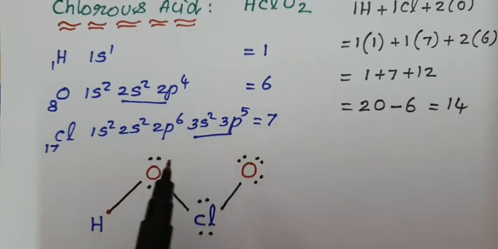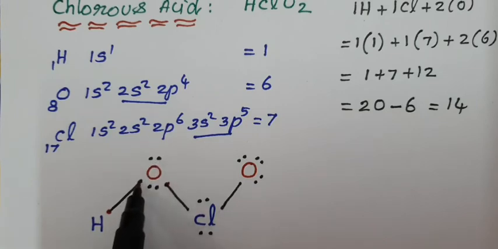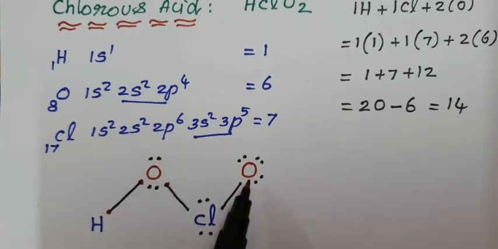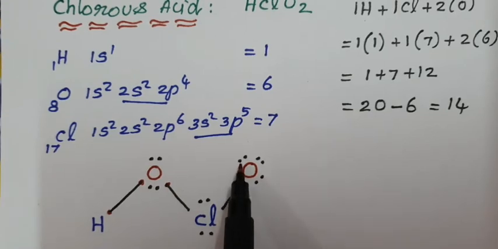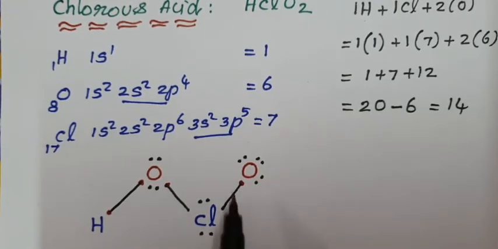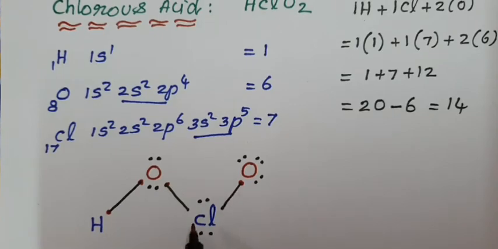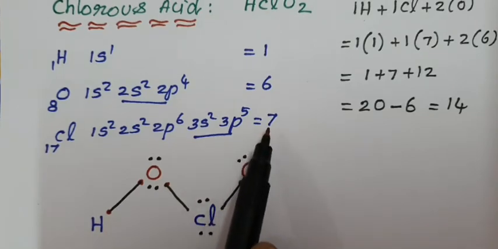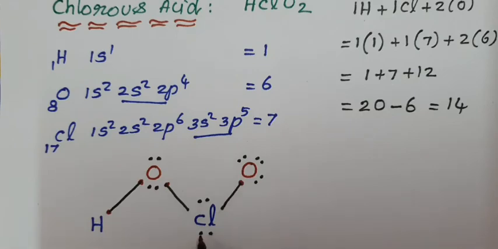Oxygen, there must be 6 electrons: 2, 4, 5, 6, okay. But for this oxygen, 2, 4, 6, 7 electrons, 1 excess electron. Around the chlorine atom, there must be 7 electrons, but there are 2, 4, 5, 6 only. There is no 7th electron.